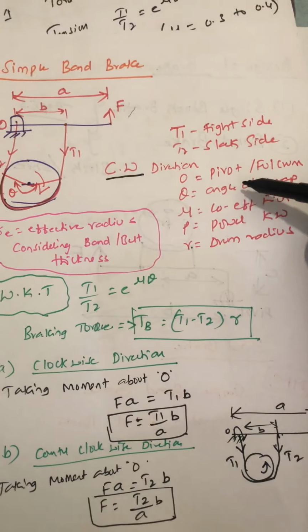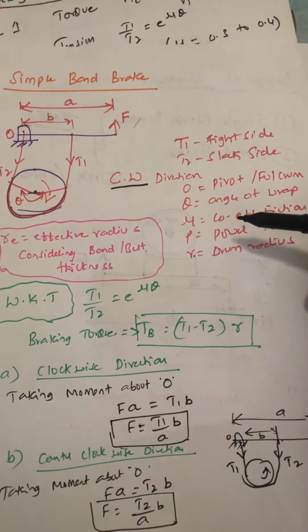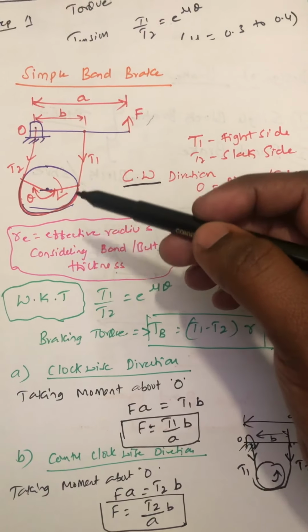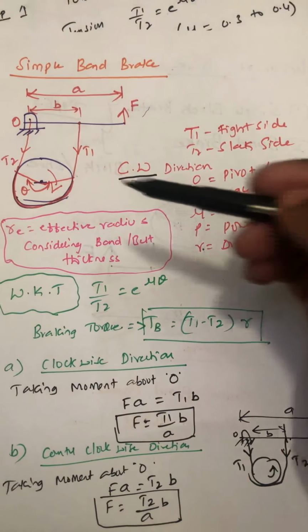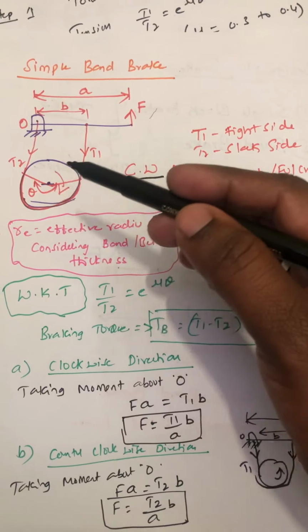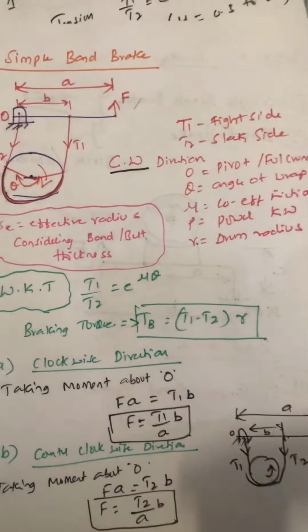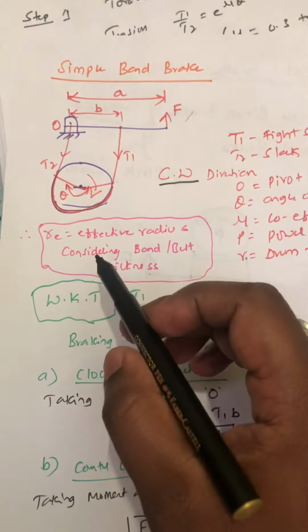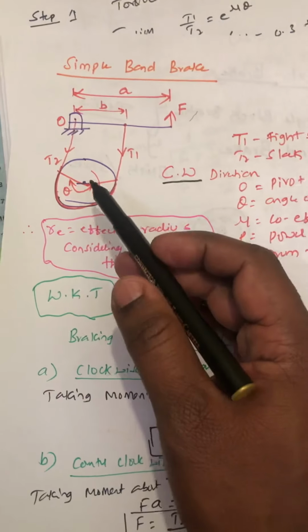O is the pivot point or fulcrum point, theta is the angle of wrap, and mu is the coefficient of friction between this band and the drum. P is the power, and R or D is the radius or diameter of this drum. Sometimes in some questions there will be RE. What is that RE? It is called the effective radius.